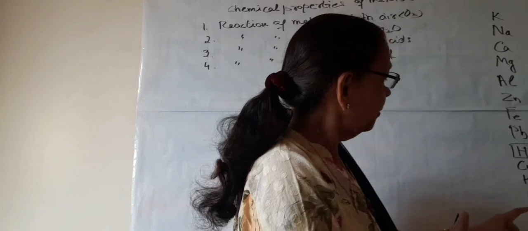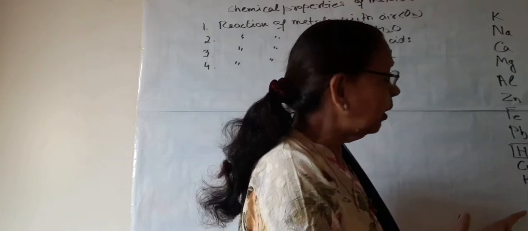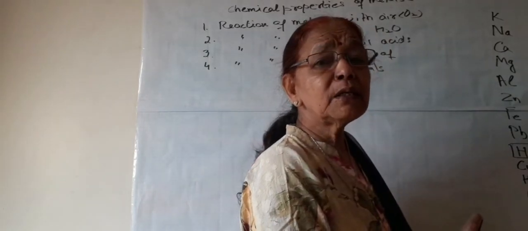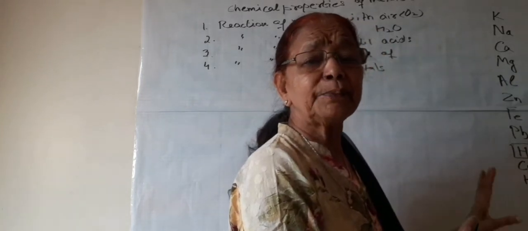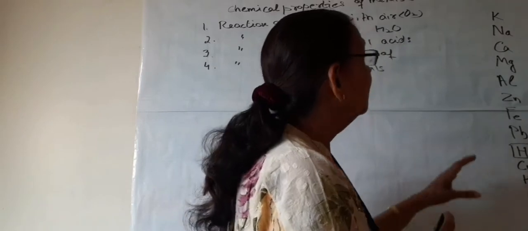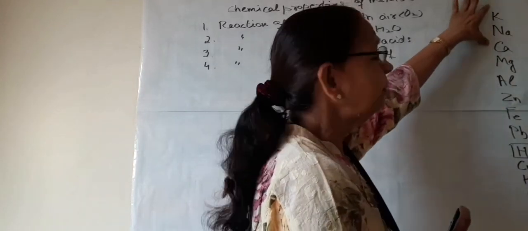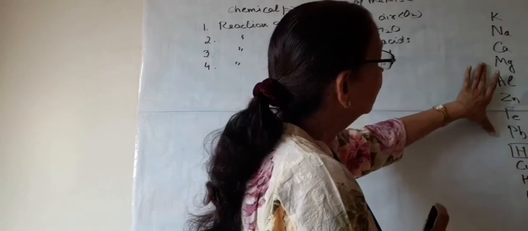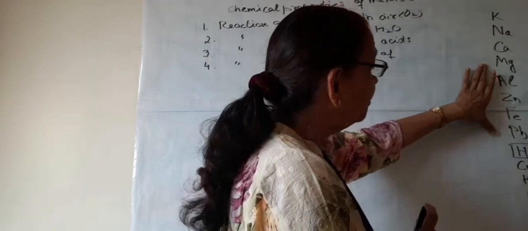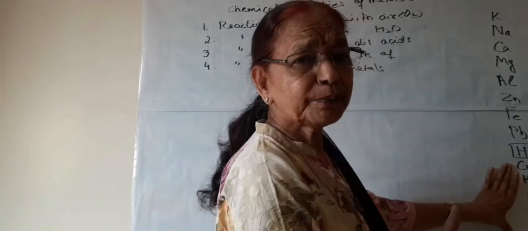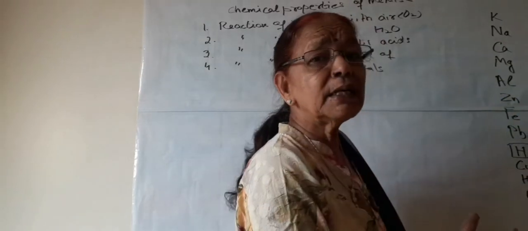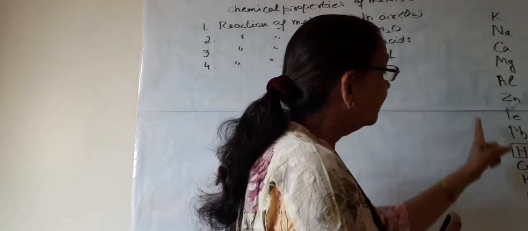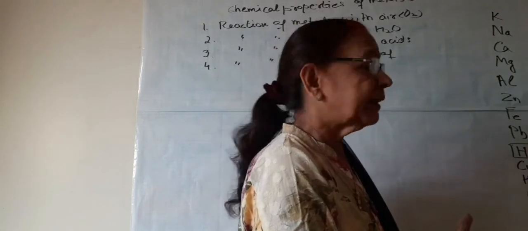All of you should know that silver, gold and platinum are known as noble metals and they do not react with anything generally. So sodium and potassium are most reactive, these are mildly reactive in between, and these are least reactive. This is the reactivity series of metals in decreasing order of their reactivity.